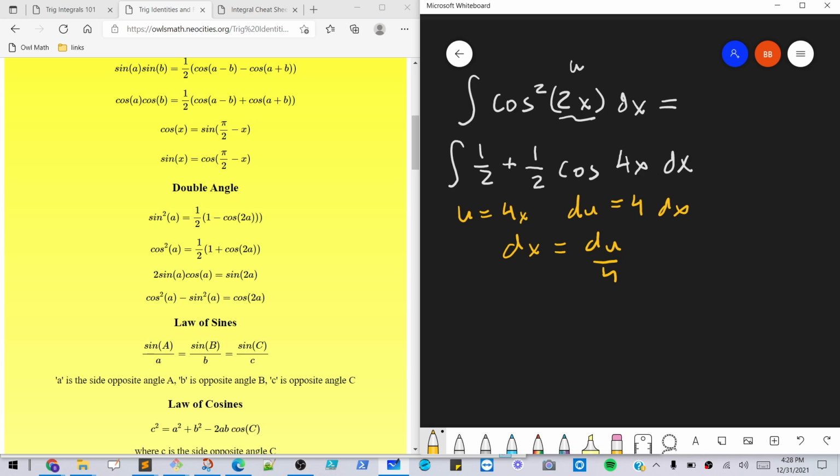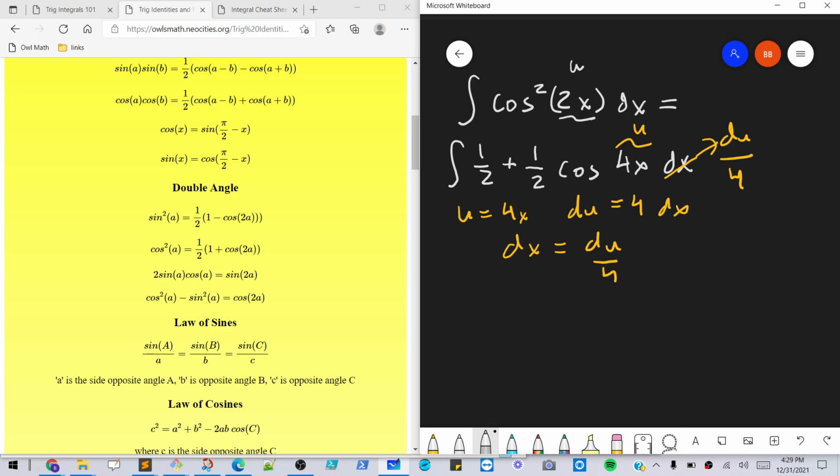So then we have our substitution. We're going to substitute u here, and our dx is going to be du over 4. Okay, so then let's just integrate here. So our integral for a half is going to be a half x. I'm kind of confusing it with my substitution.